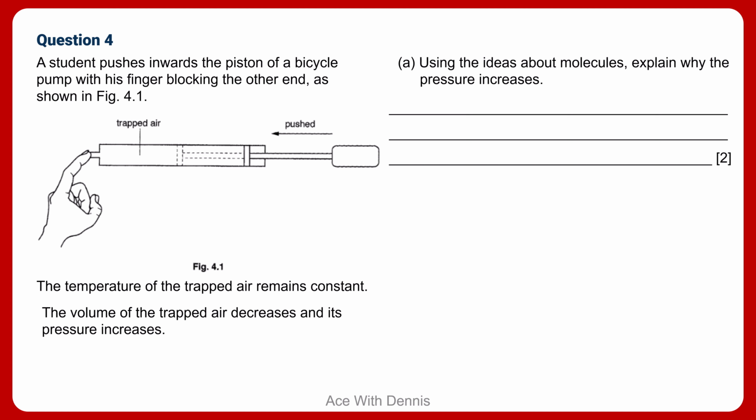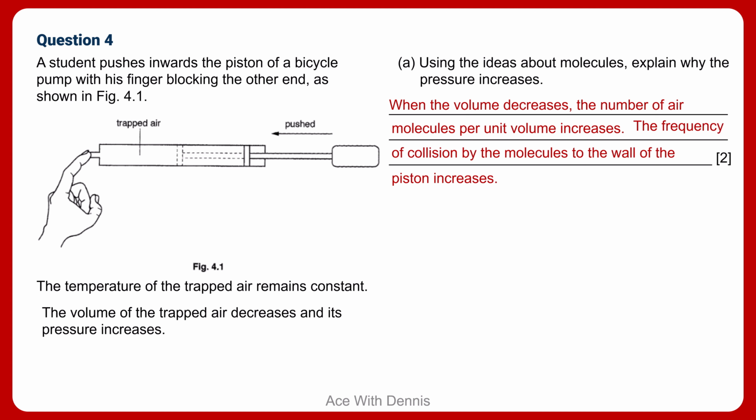Okay, so they are inversely proportional to each other, which means that when the volume decreases, the pressure will increase. So why is this so? The reason is because when the volume decreases, the number of air molecules per unit volume increases. The frequency of collision by the molecules to the wall of the piston increases. Hence, pressure increases.